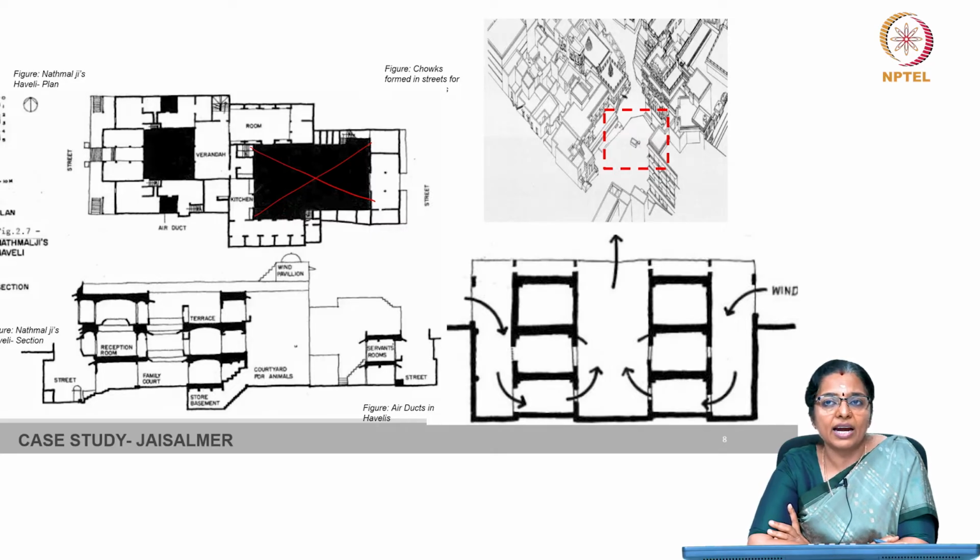Mutual shading and architectural features also add to this planning to make the indoors comfortable, because you have the jharokas and richly textured surfaces which result from the beautiful carvings, and collectively they minimize the impact of direct solar radiation. This design approach significantly reduces heat flux into the building during summers.